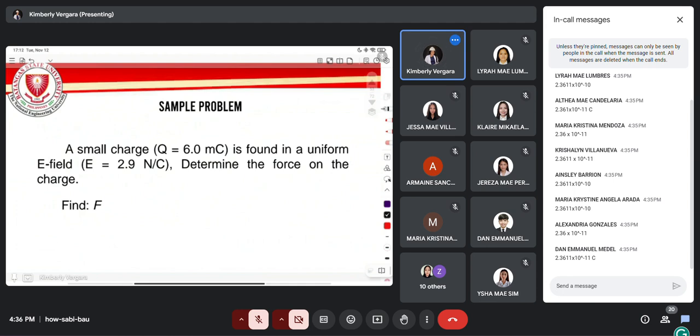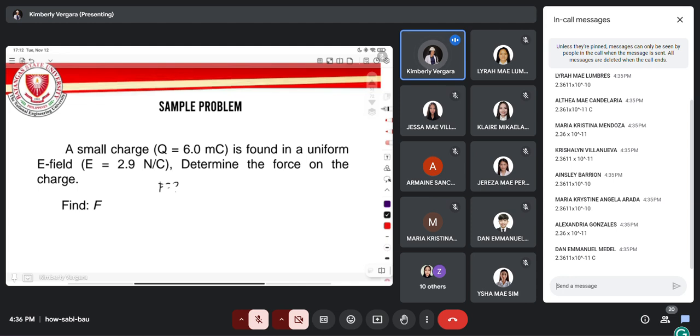Next, a small charge Q equal to 6 microcoulomb is found in a uniform E field, E, which is equal to 2.9 Newton per Coulomb. Determine the force on the charge. So, hinahanap natin is yung force.